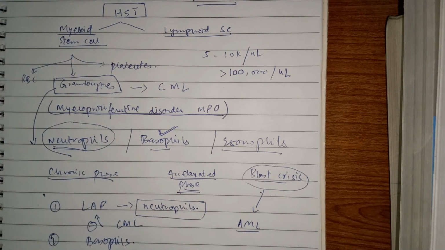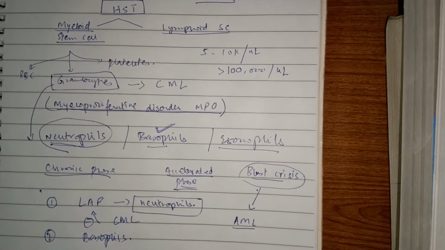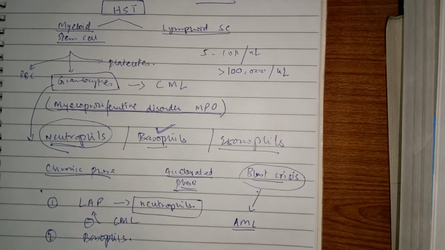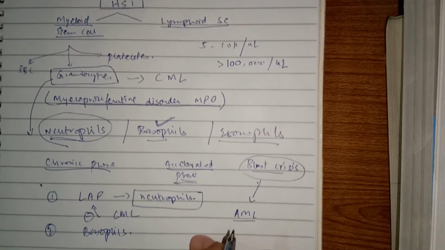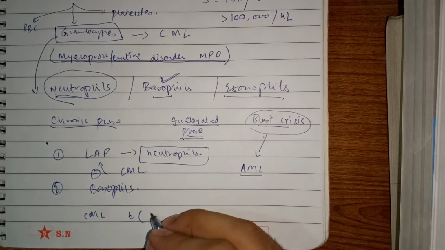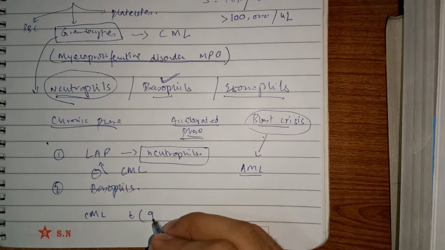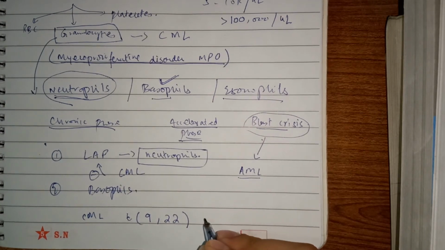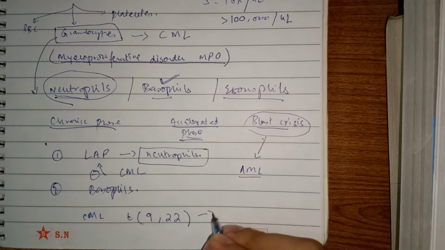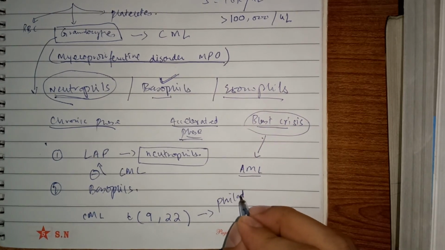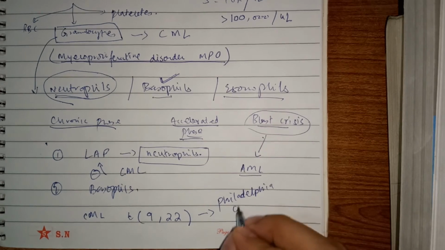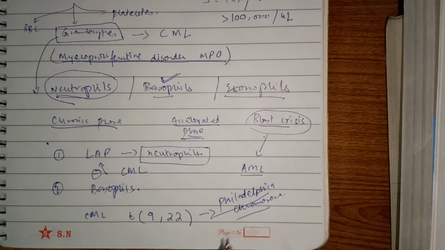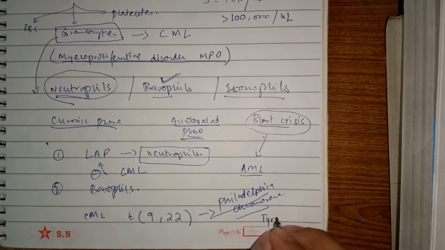The third and most important point is, in CML we have a translocation between chromosome number 9 and chromosome number 22, and the new translocated chromosome is called Philadelphia chromosome, and this chromosome basically produces tyrosine kinase.